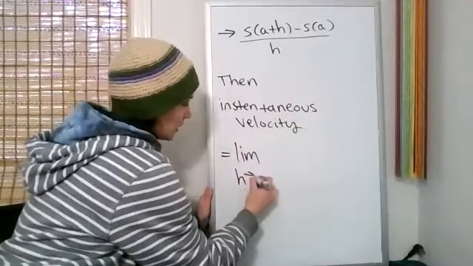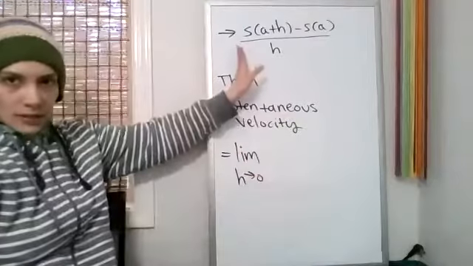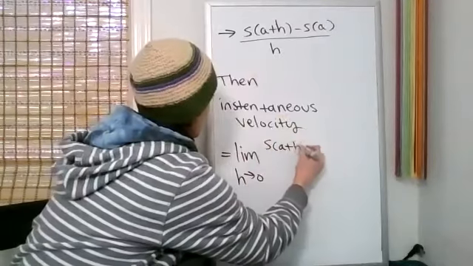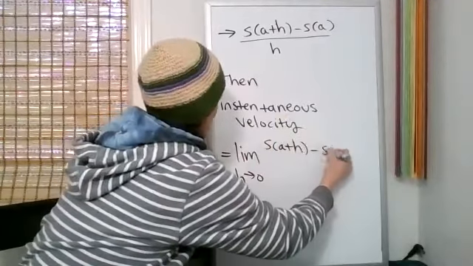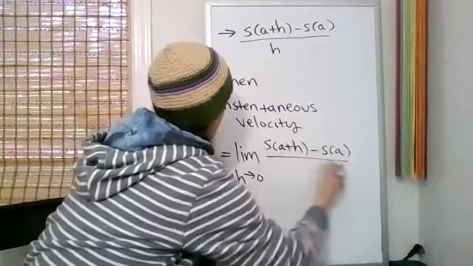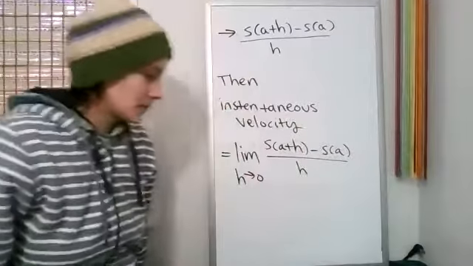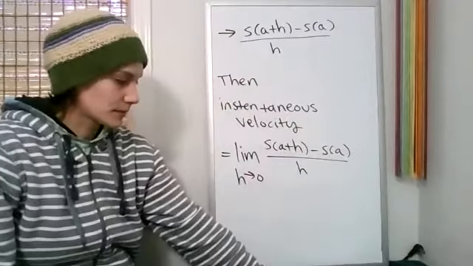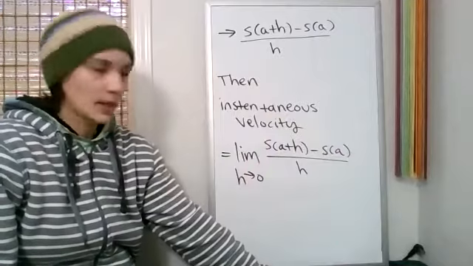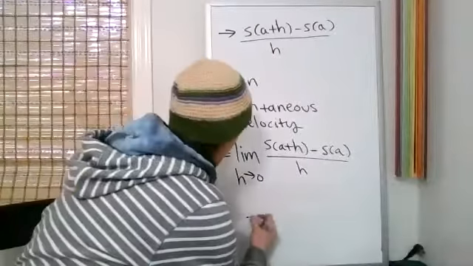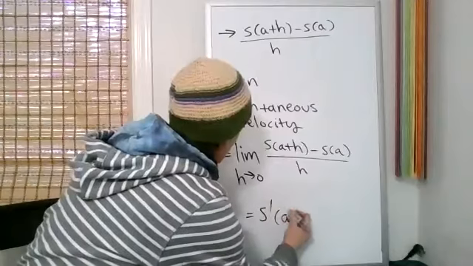Limit as h goes to 0 of all of this right here. S of a plus h is s of a. Okay, so I just put that would be s prime of a.